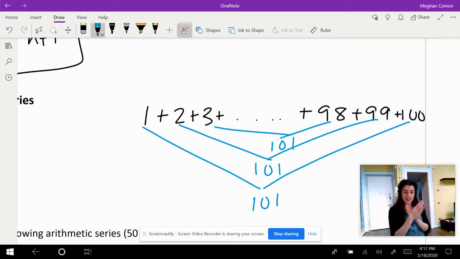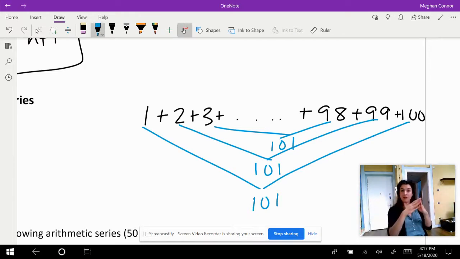So if you add up the first and the last term to 101 and realize that you're going to be cutting it like that all the way down to a half, then you would be multiplying 101 times half of the total number of terms that you're adding, which is 100. We're adding 100 terms here.